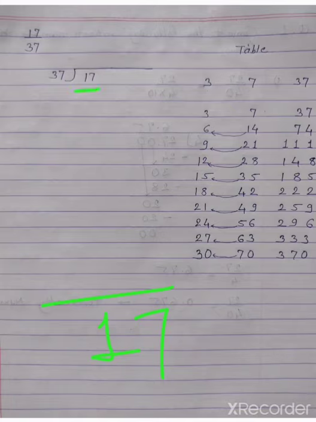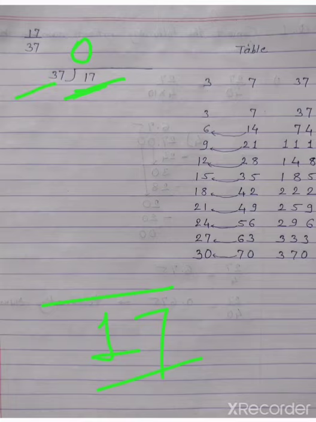So look here, our dividend is 17 and we get remainder also 17, and the first number of our quotient was 0 because this dividend is less than this divisor.